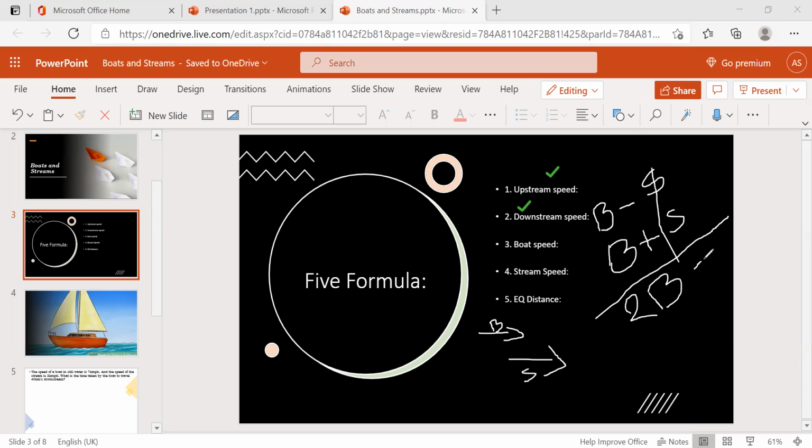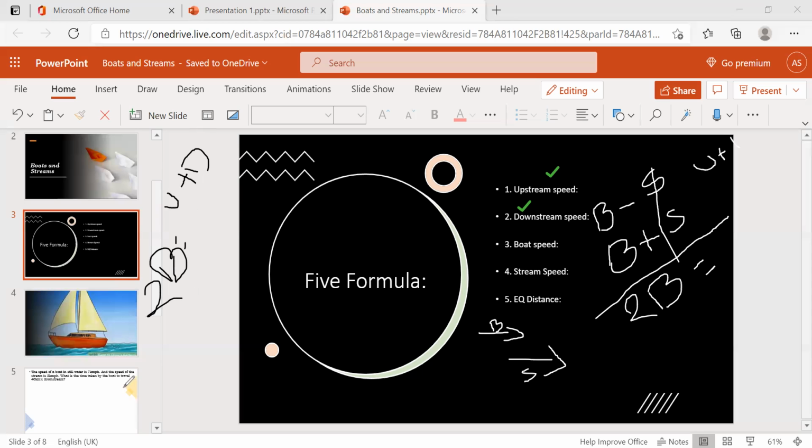2b equals upstream plus downstream, right? So 2b, boat speed times two, equals upstream plus downstream.